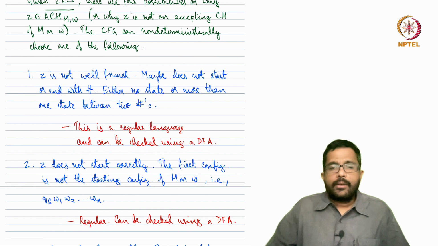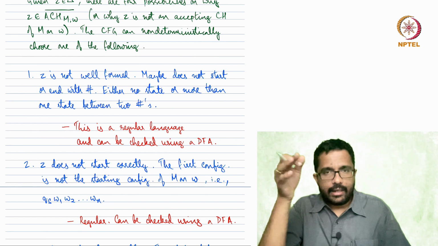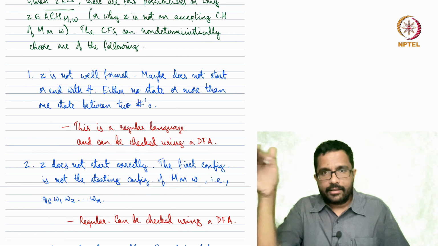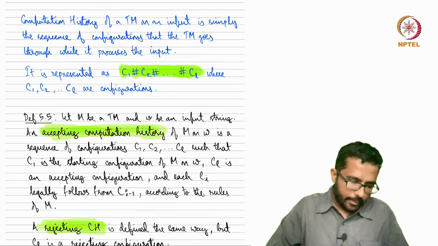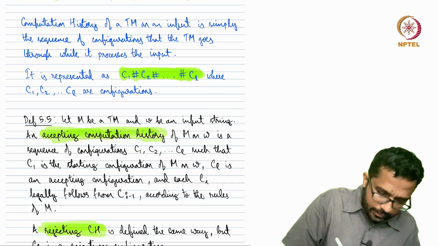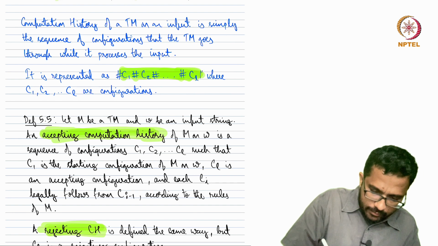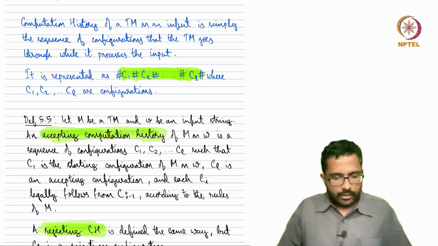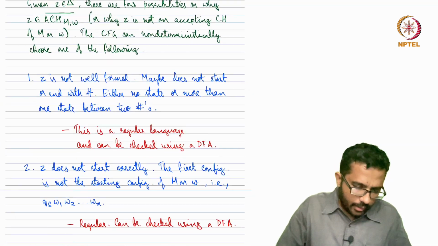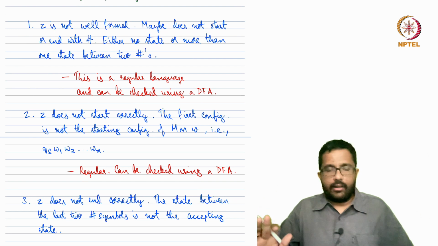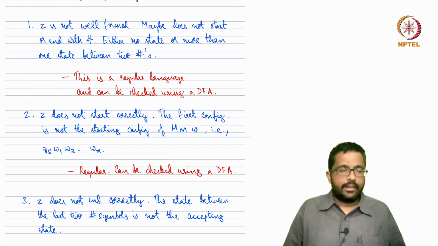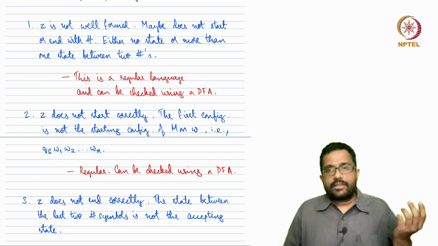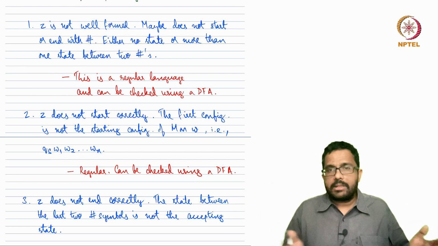The second case is that it is well formed, meaning it starts with a hash, ends with a hash, and has C1, C2, etc. It does look like a proper computation history, but let's say it does not start correctly, meaning the first configuration is not the starting configuration of M on W. It is a configuration, but it is something else.